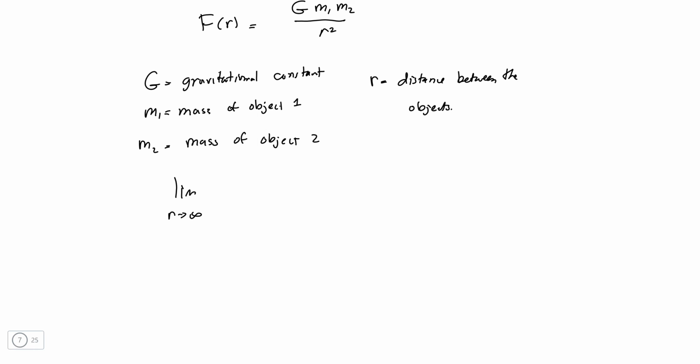So let's let these things get further and further apart and see what happens to the force of gravity between them. If I look at this one, this is the limit as r goes to infinity of G m1 m2 over r squared. Now G, m1, and m2 are constant, so I could bring those outside of the limit if I like.